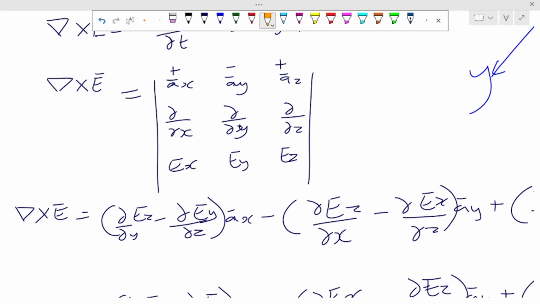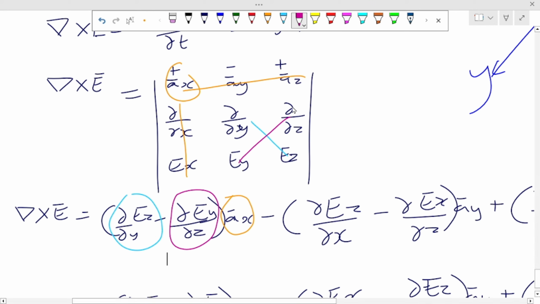For your first part, which is this part, block out all these and you take this. So you say this multiplied by this, which is what we have here, minus this multiplied by this, which is what we have here. Can we see that? Y, put it here, EY over this over this.